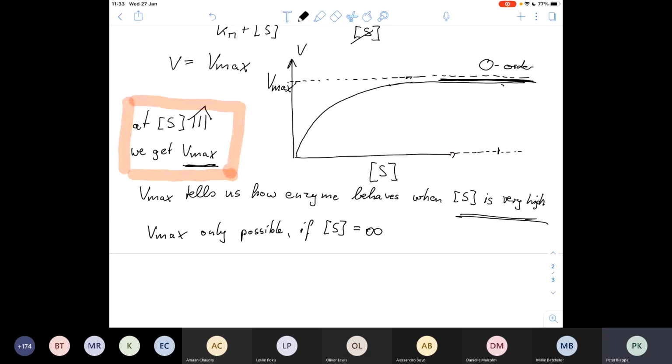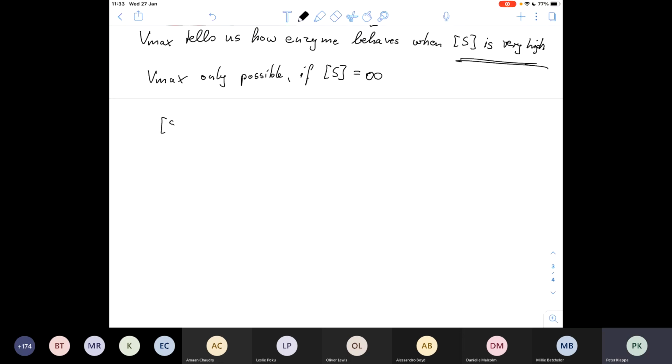So now let's do it the other way around. Let's say we have a substrate concentration which is much, much smaller than Km. So instead of Km plus S, what can I write now? Substrate concentration is much, much smaller. Bingo, spot on.